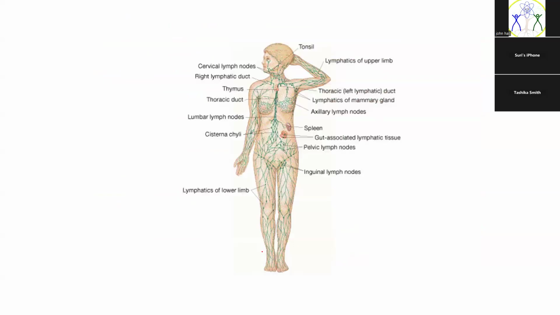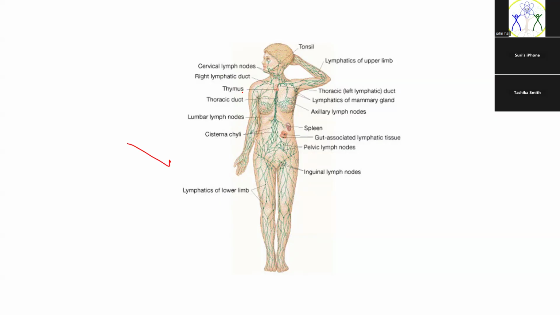That said, this lovely diagram here shows you the divisions and spread of the major lymphatics of the body. Please make sure you give this one a look. You're going to need to have a functional working knowledge of the positions of the main things.